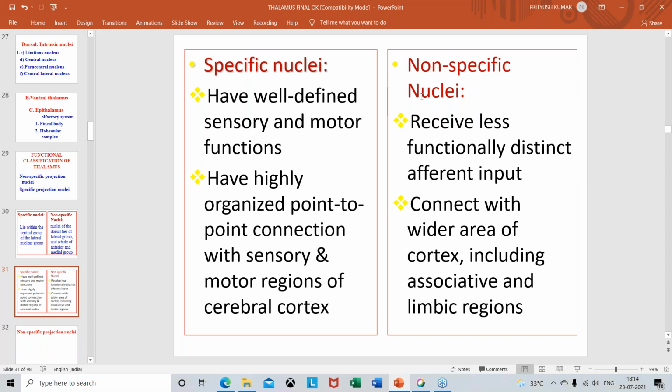While the non-specific nuclei have less functionally distinct afferent input and connect with a wide area of the cortex, including the association and limbic system.